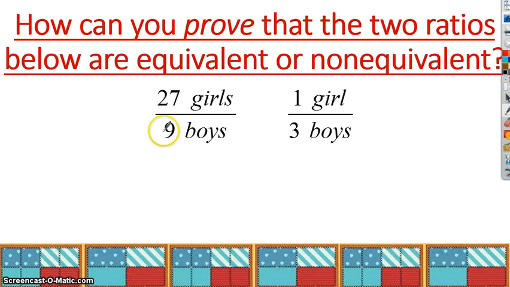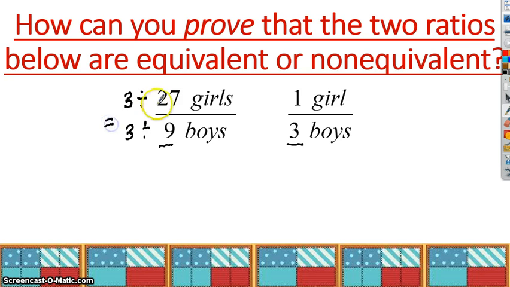Now, this ratio, in my opinion, is easier to reduce because I see that 3 is a factor of 9. I could reduce the number of boys in this ratio to be 3 by dividing by 3.